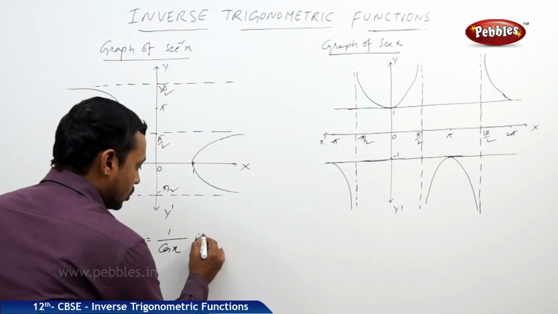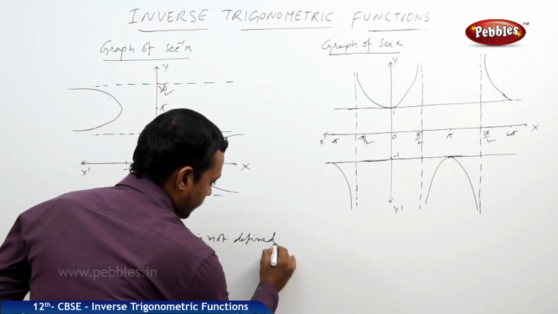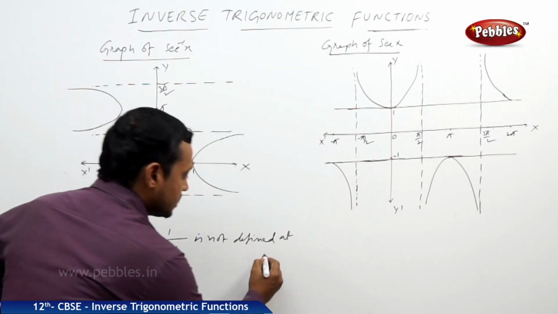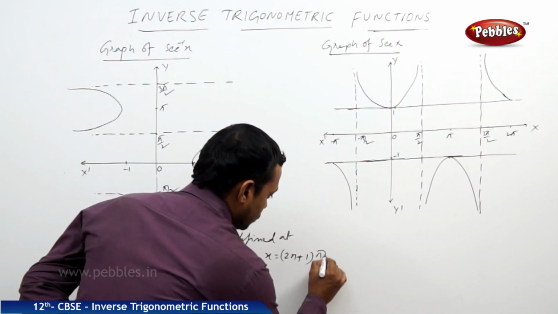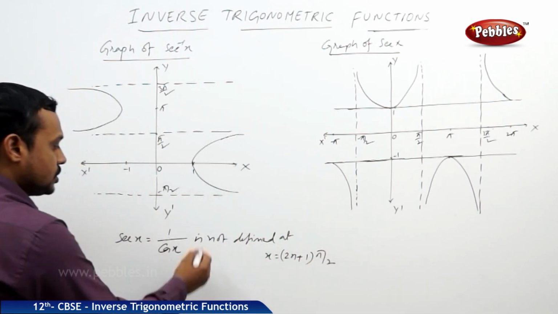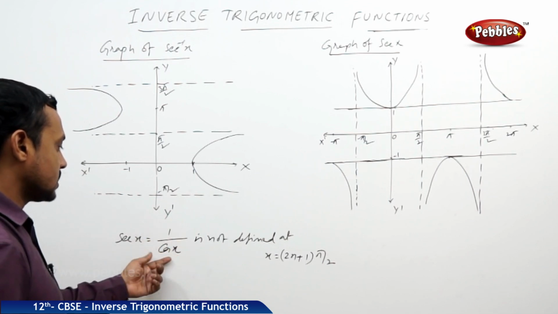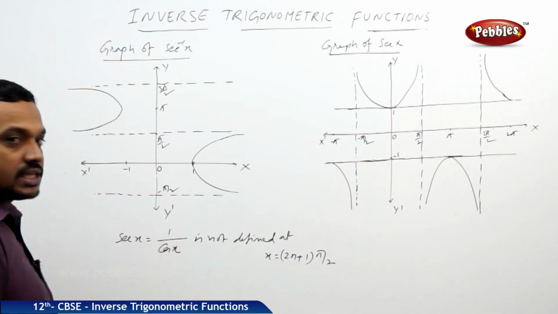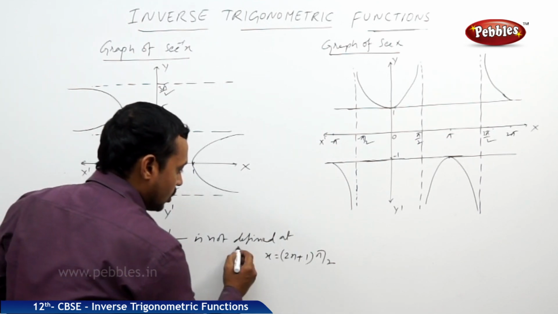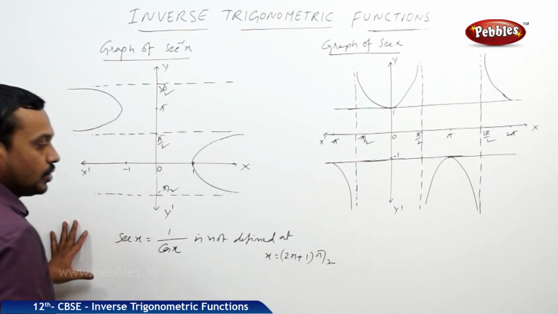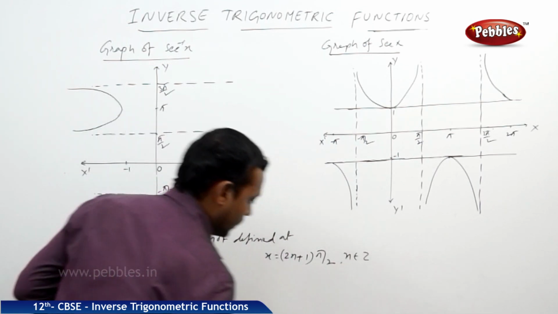No, it is not defined at x equal to (2n plus 1) pi by 2, the general solution of cos x equal to 0. When cos x is equal to 0, 1 by cos x does not exist, and that means the secant x function does not exist. So 1 by cos x is not defined at x equal to (2n plus 1) pi by 2, where n belongs to Z, the set of integers.